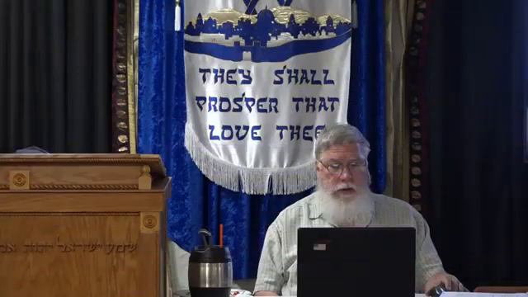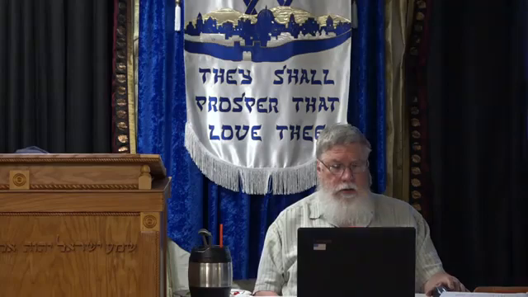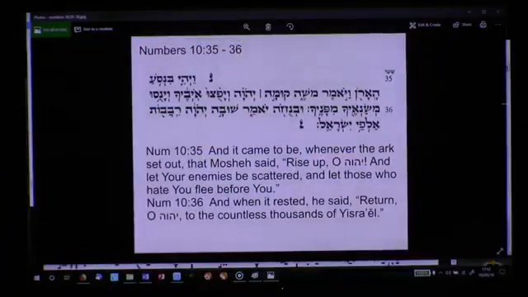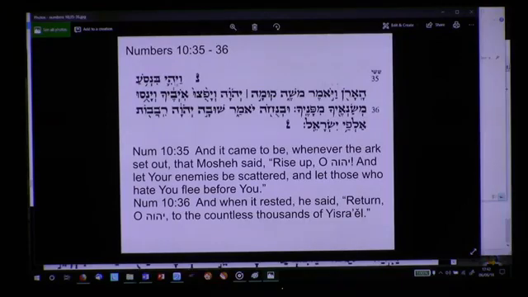Okay, where was I? And here we have it again, Numbers 35, "And it came to pass," and that's what we're looking at. One of those little Torah tidbits. This is, as I understand it, a tittle.